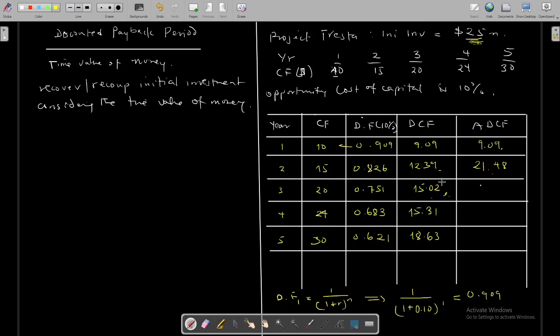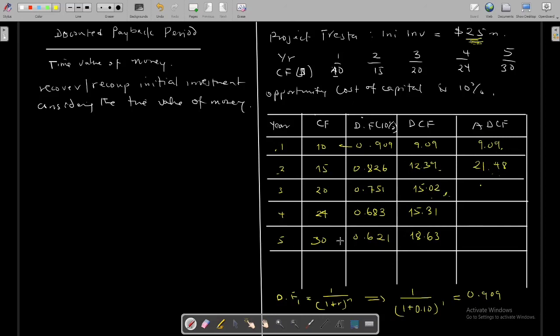But we need to understand this: it took us a full year to recover 9.09 and 2 years to recover 21.48. So how many years will it take us to recover the 25 million?